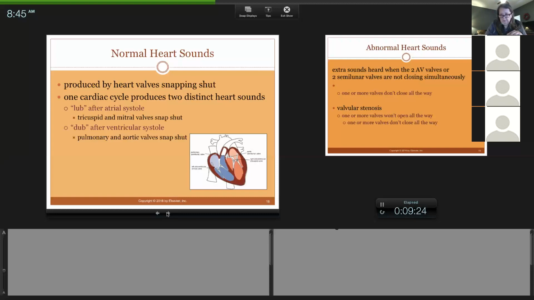There was a big old Labrador and the student said, oh, his heart rate is like 160 or something. And I was like, that's kind of high for this dog. And then I went over and got 80, because they had counted the lub-dub twice. So they doubled the heart rate.